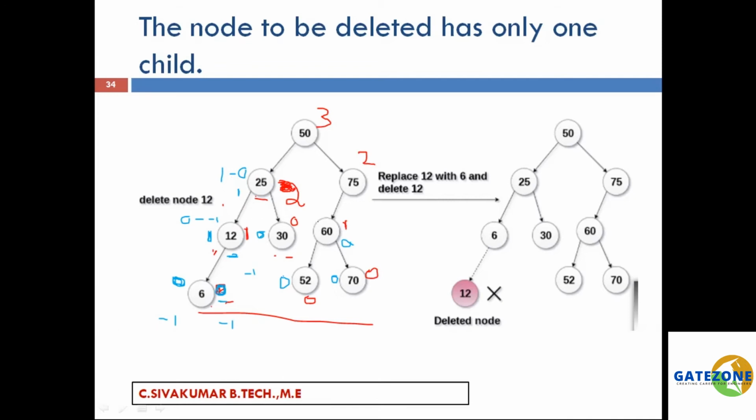What is the right subtree of 75? -1. Right subtree of 75 is nothing, so the height of the right subtree is -1. So 1 minus -1, yes. The balance factor of 75 is 2. Okay. So what is the balance factor of 50? 3. 2 plus 1 is 3.